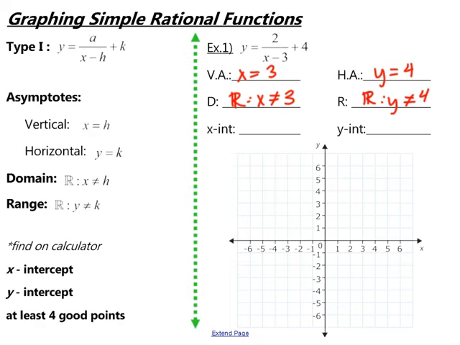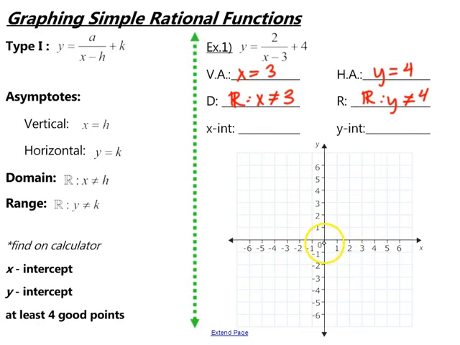Let's go ahead and plot these on our graph. So we have a vertical asymptote at x equals positive 3. I'm going to graph my vertical asymptote, and a horizontal asymptote at y equals positive 4. So here's my horizontal asymptote. We know that when we draw on our graph, it is not going to be able to cross those lines.